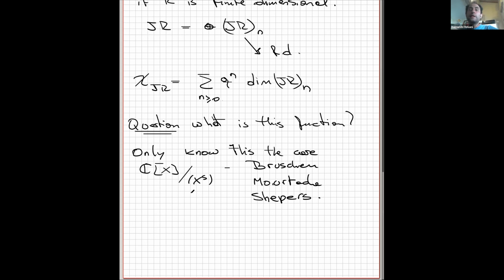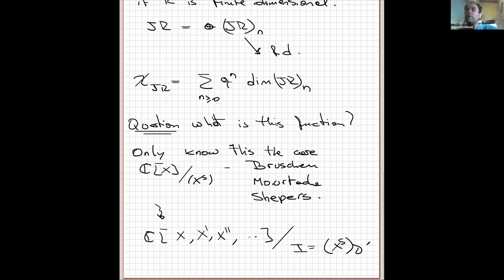They computed this by finding a Gröbner basis for the ideal. So the basic technique is to look at this as a quotient of C[x, x', x'', ...], the first derivative and so forth, divided by an ideal. This is the ideal I, which is generated by x to the s as a differential ideal. They found a Gröbner basis for this ideal I.